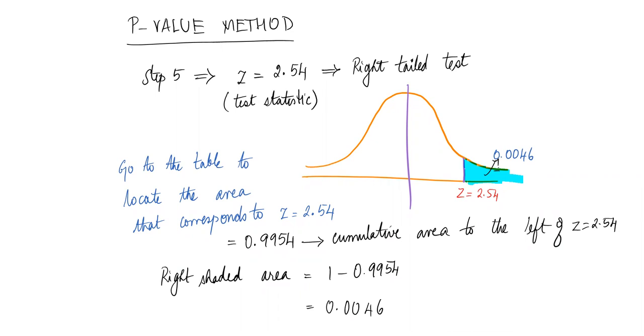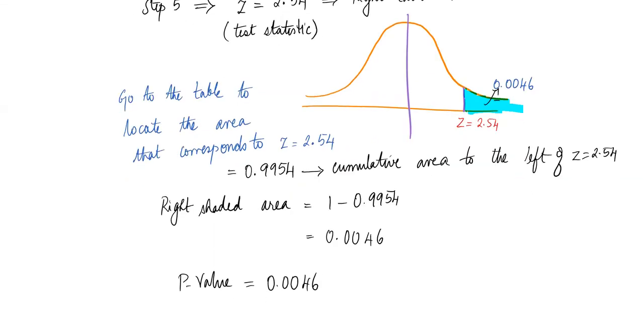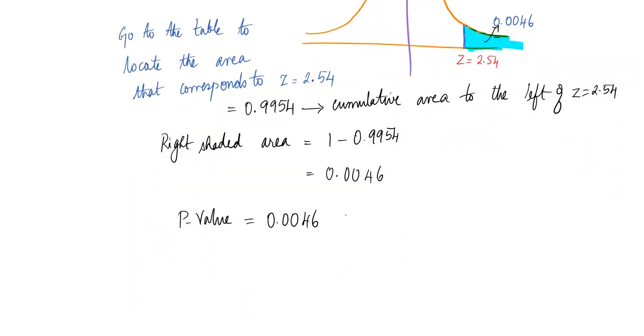We had to consider the right tail test and do the 1 minus that cumulative area. And that area value is the probability, right? Area is the probability. So your p-value itself is the area. So I'll just write here, probability equals the area. So the shaded area is the probability, and your p-value is 0.0046.